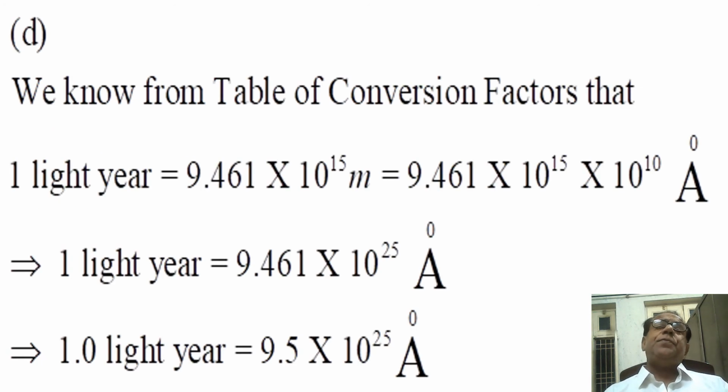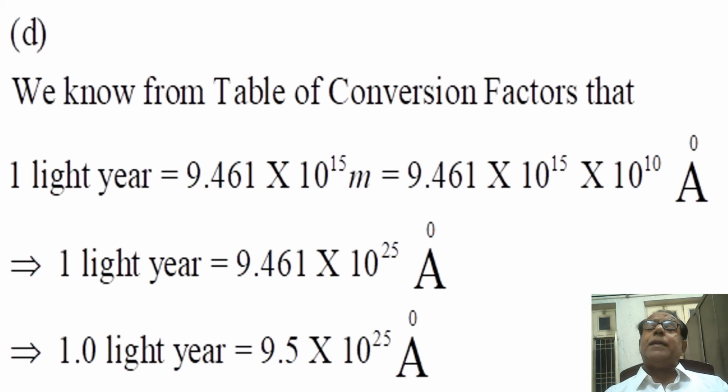Part D. We know from the table of conversion factors that 1 light year is equal to 9.461 into 10 raised to the power 15 meter. This again becomes equal to 9.461 into 10 raised to the power 15 into 10 raised to the power 10 angstrom.